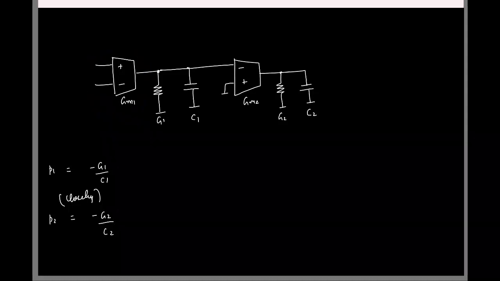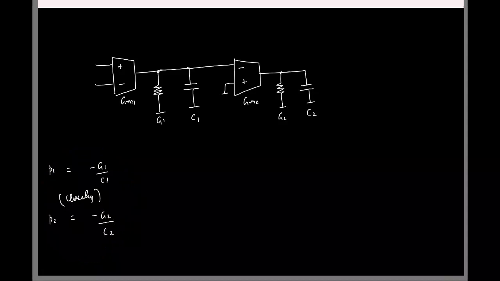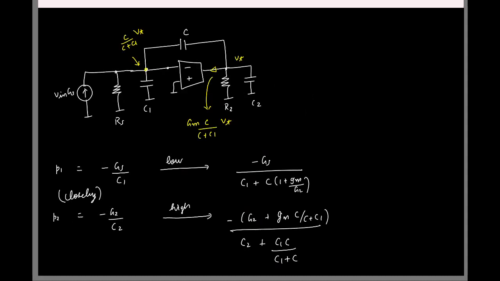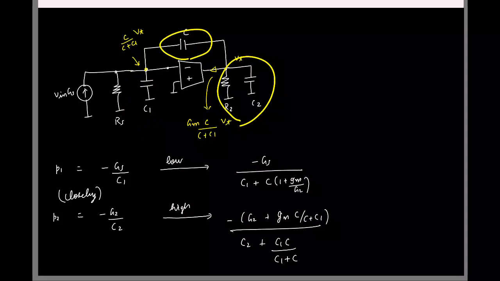So now here I see that again the two poles are close by. I want to separate them. So what can we do now? The capacitor across the Gm2 block. Here we had the same thing, right? When we didn't have the capacitor, these two poles were close by. The moment we put this capacitor, they split up.